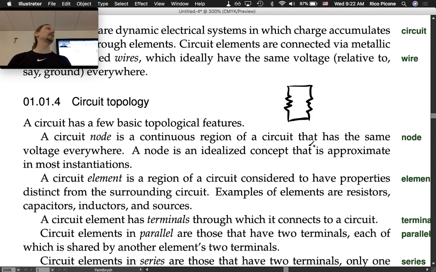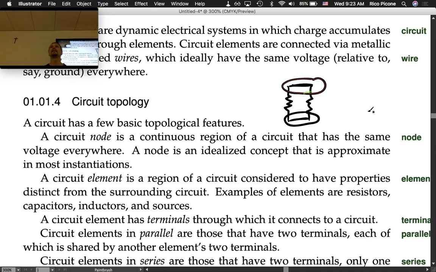If you have two resistors connected by some wires, all of this has the same voltage. So say this is a wire that's connecting it, and then maybe these are leads coming off of each resistor. We would say, oh, okay, all of this stuff is essentially a perfect conductor, close enough. We can say that all of this is at the same electrical potential, all of it's the same voltage, so this is a node. This is another node down here. Everything's at the same potential.